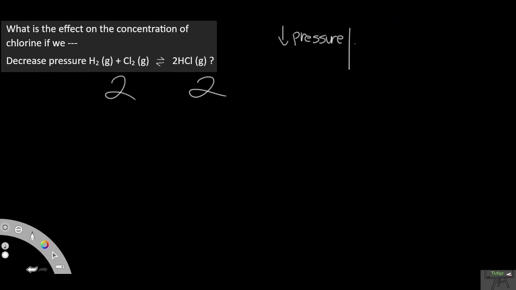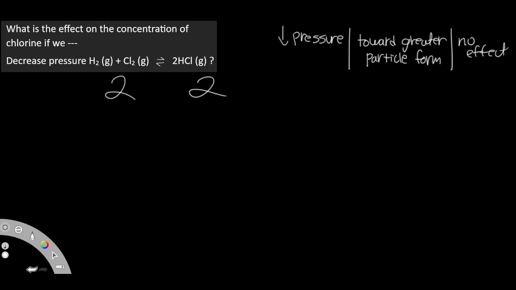Obviously it's going to go toward greater particle formation. And of course, no effect on the KEQ, equilibrium constant. So, as we can see, they are the same. Greater? I don't believe so. There is no greater. So what's going to happen? Nothing's going to happen.